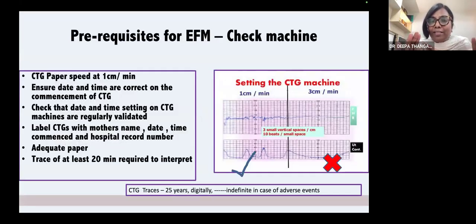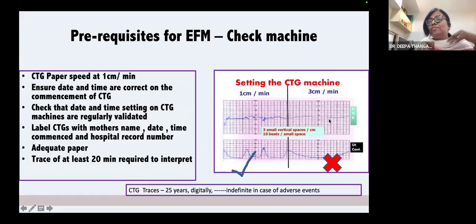So we all know, whenever you plan CTGs, you have to be familiar with the machines which you are using for a longer time in your institute. The machine has to be set up with the paper speed at 1 centimeter per minute. I keep on telling them how the paper at 1 centimeter per minute will look, and how the paper speed of 3 centimeters per minute looks.